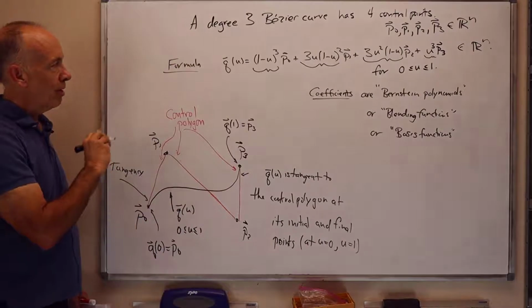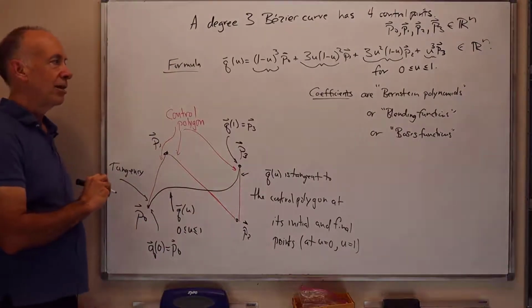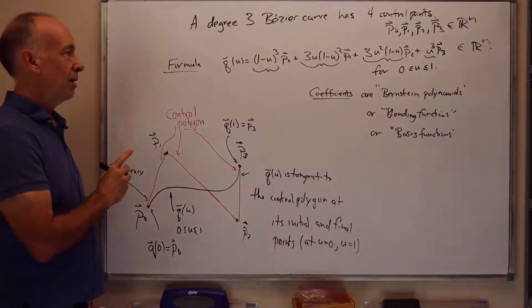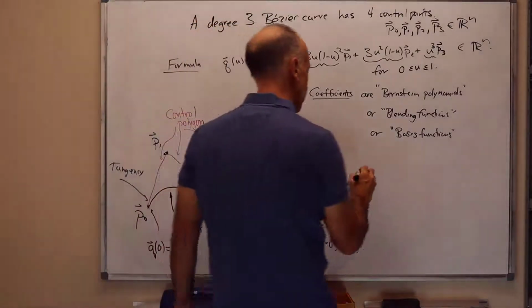The point here is they express Q of u as a weighted average for u between 0 and 1 of P0, P1, P2, and P3.